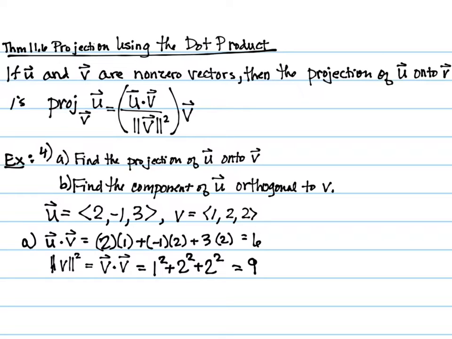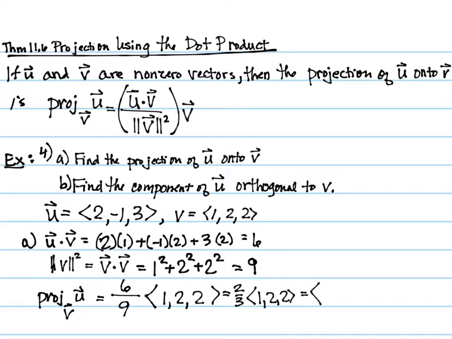Okay, and I'm ready to do the projection. So the projection of U along V would end up being the 6 for the dot product over the 9 for the magnitude squared. And I'd be multiplying it now by the vector V, which is 1, 2, 2. 6 over 9 is actually the same as 2/3. So we're really going to be distributing a 2/3 through the vector 1, 2, 2.